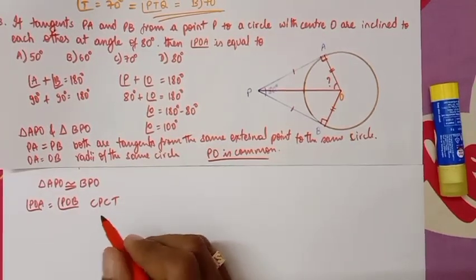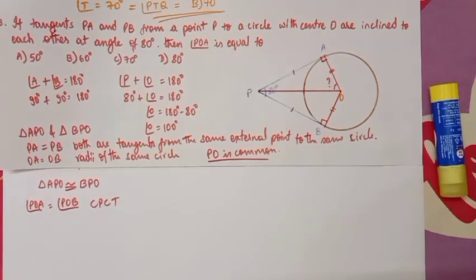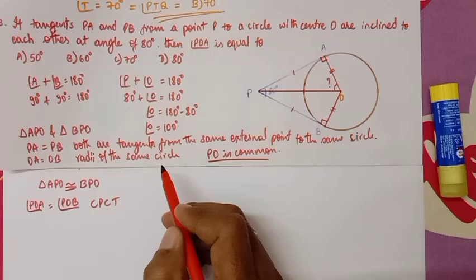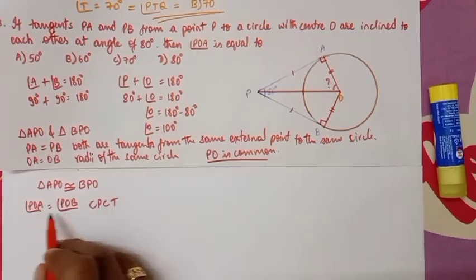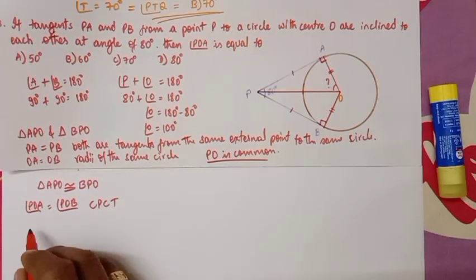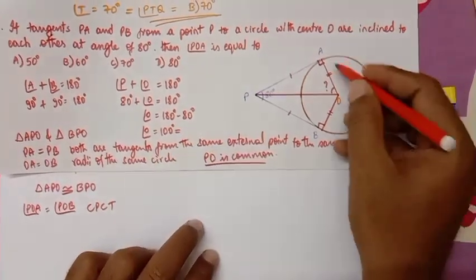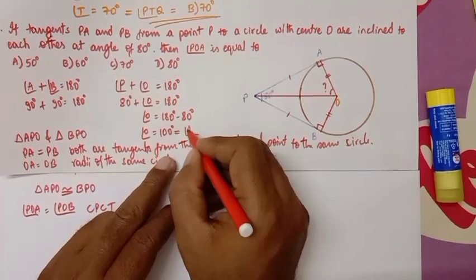So here these two are equal, and we all know that angle O is equal to 100 degree. So, as these two are equal, angle O means here AOB, angle AOB.